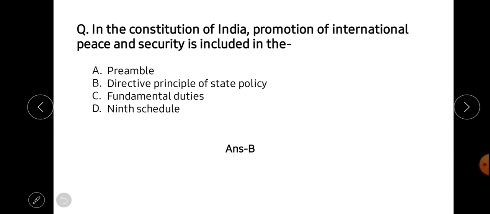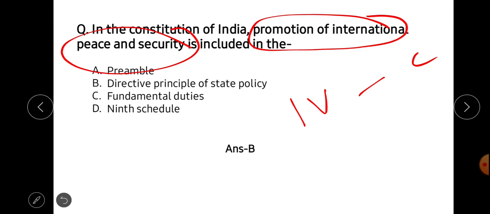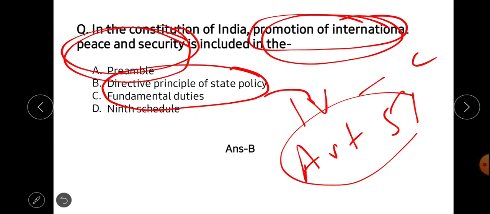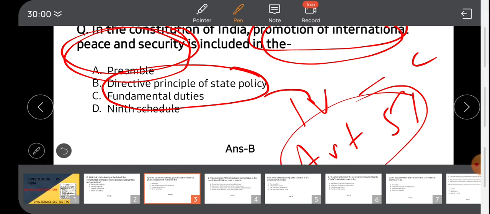Now let's make out one thing, that the directive principle of state policy is contained in part 4 of our Constitution, and the promotion of international peace and security is highlighted in article 51 of our Constitution. Okay, now move to the next one.